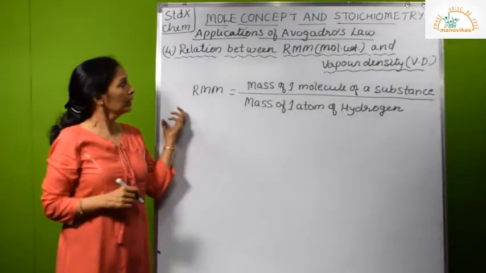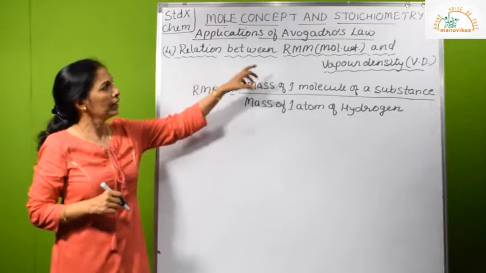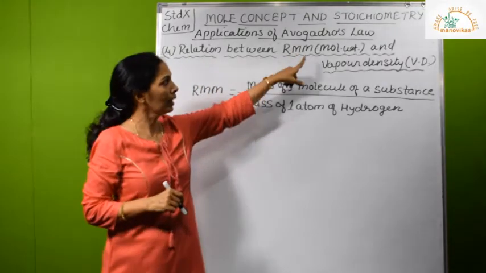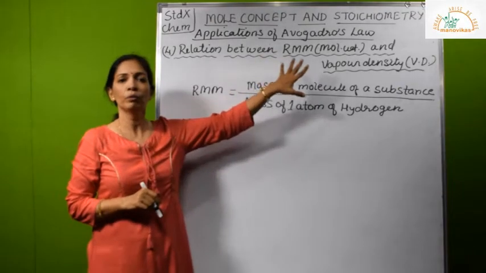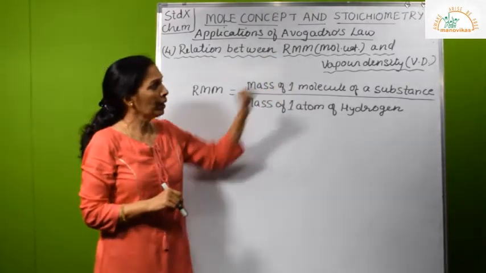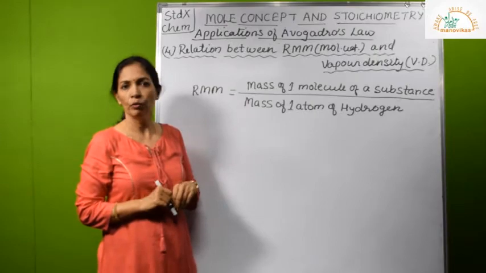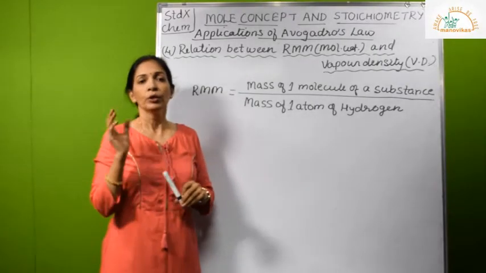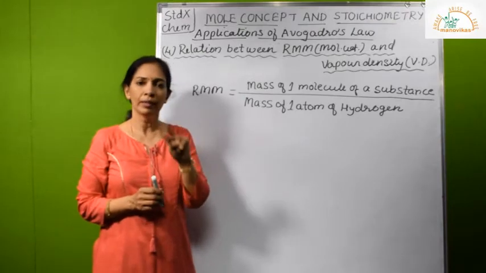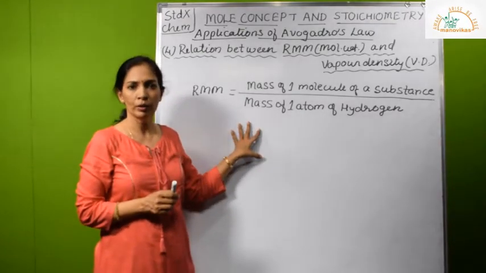Fourth application is relation between relative molecular mass, which is also called molecular weight, and vapor density. Now you all know what is relative molecular mass. The vapor density is a new term over here. So let us see what is relative molecular mass. You learned two different definitions for relative molecular mass.